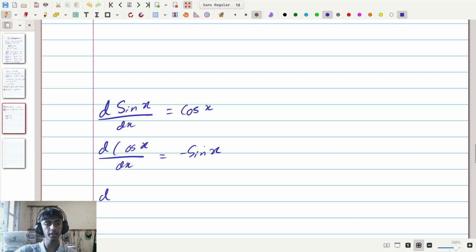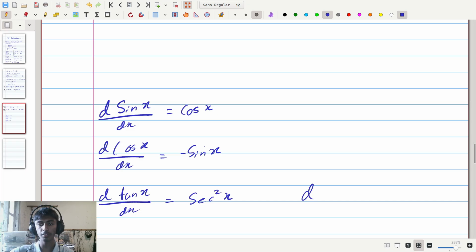We know that the derivative of the tangent of x with respect to x is the secant squared of x. We know that the derivative of the cotangent of x, so cot x, with respect to x, is negative cosecant squared of x.